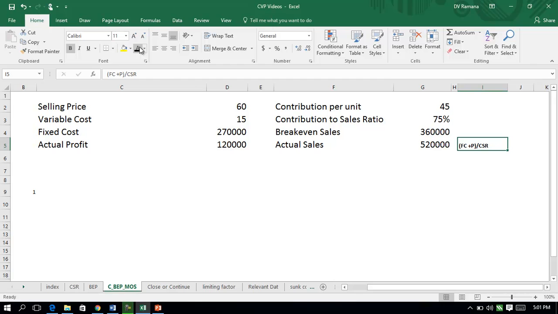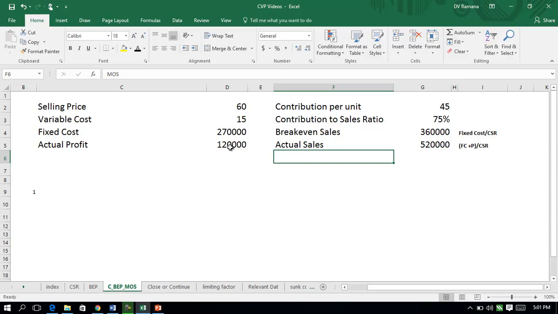Fixed cost plus profit by CSR. In case of break-even, it is fixed cost by CSR. So actual sales in order to earn profit is equal to 520,000.